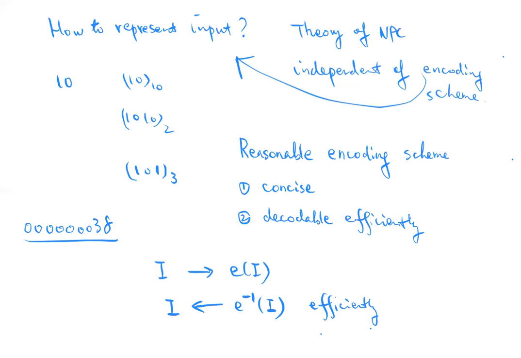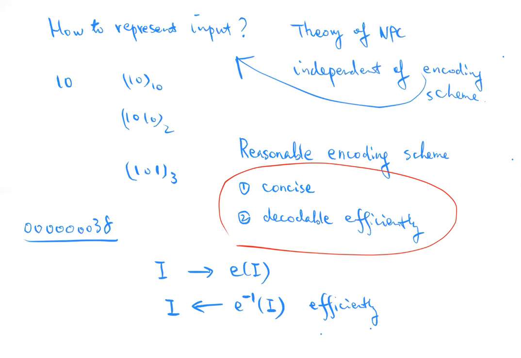So basically, a reasonable encoding scheme assumes these two things. Basically, we're using a very natural way to encode the objects. That will be good enough. For example, numbers will be encoded in any base more than one. So we cannot encode 100 with 100 ones. But whether binary or decimal does not matter.